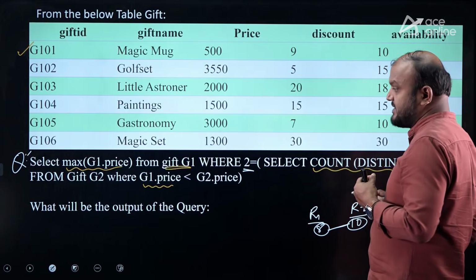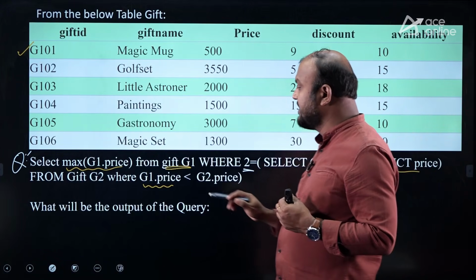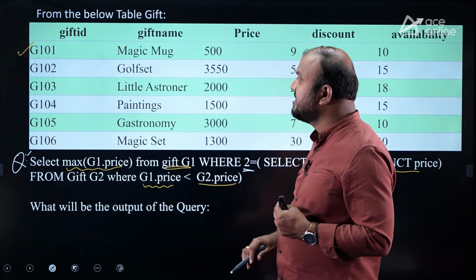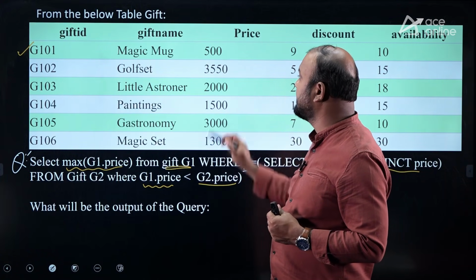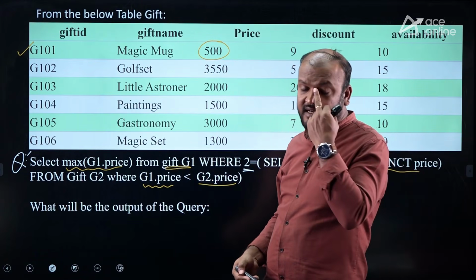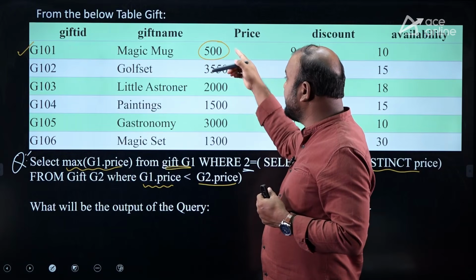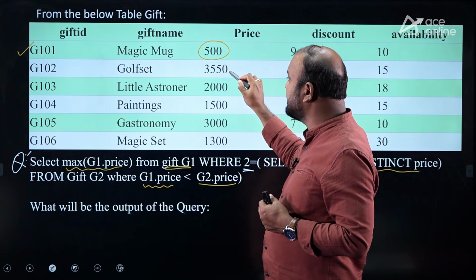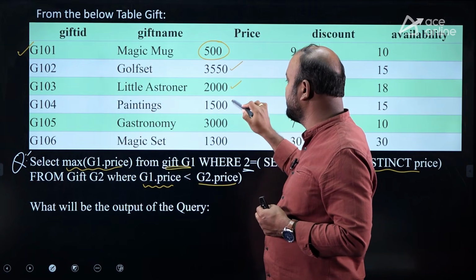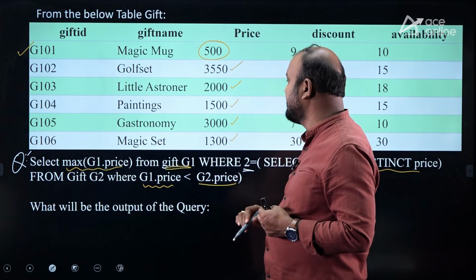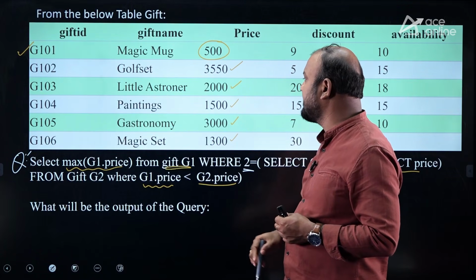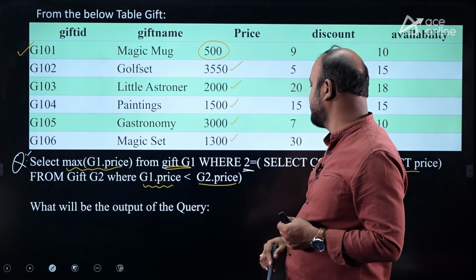Count of distinct price from gift G2 where G1.price is less than G2.price. Here, this record is to be compared with every record of the same table. 500 is less than 3550. This first record is true for records 2, 3, 4, 5, because G1.price is less than G2.price. That 500 is less than the remaining 5 records.